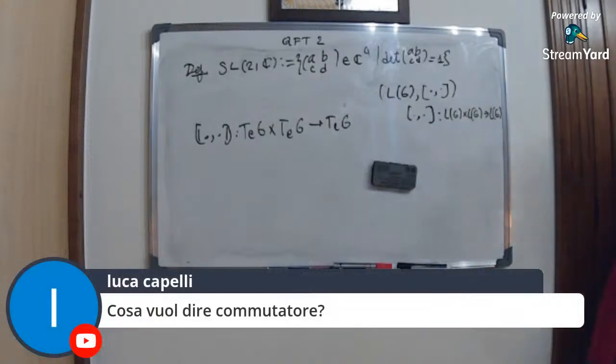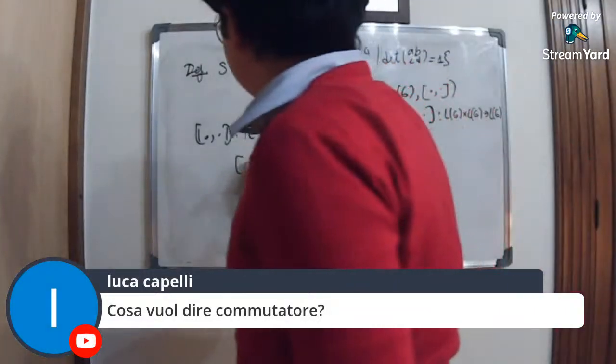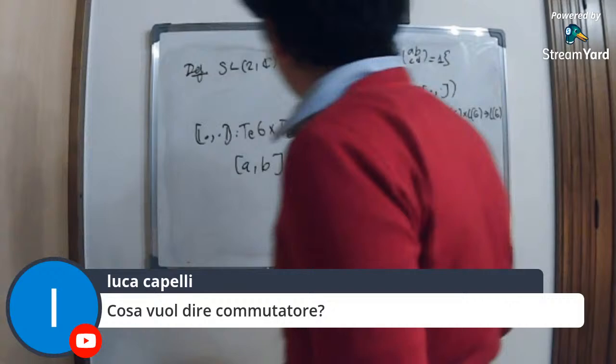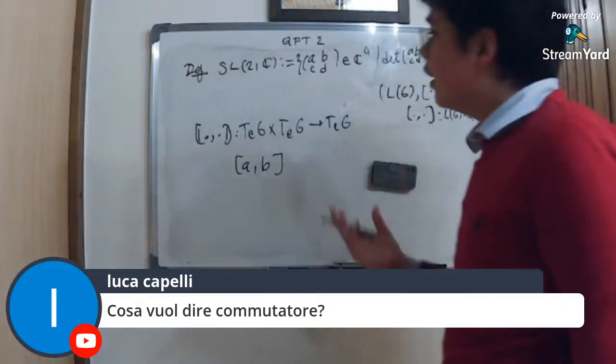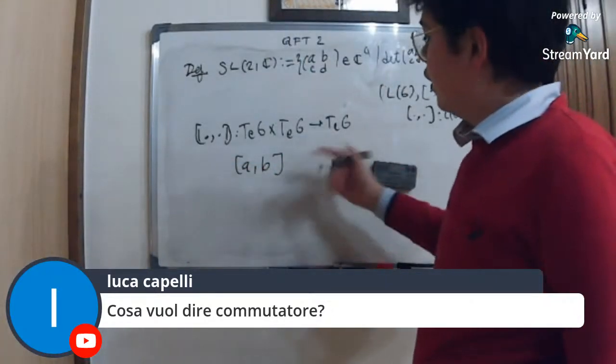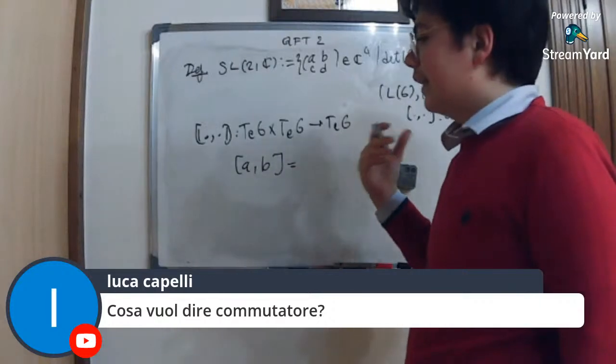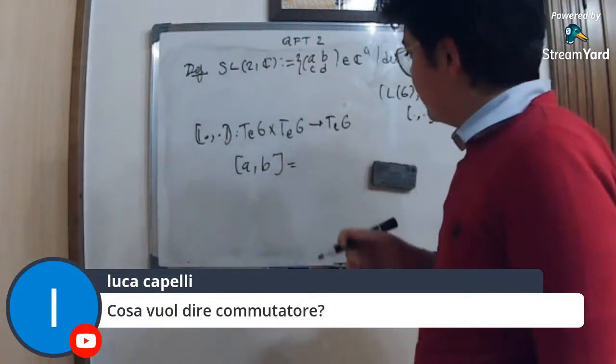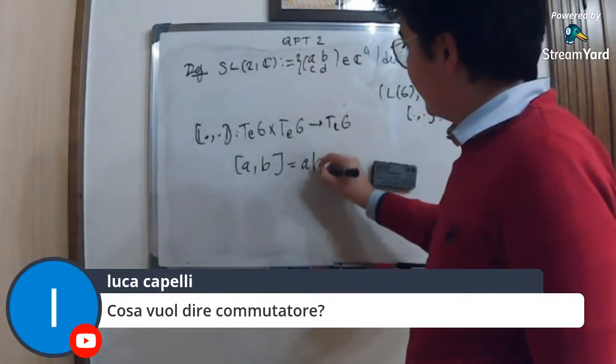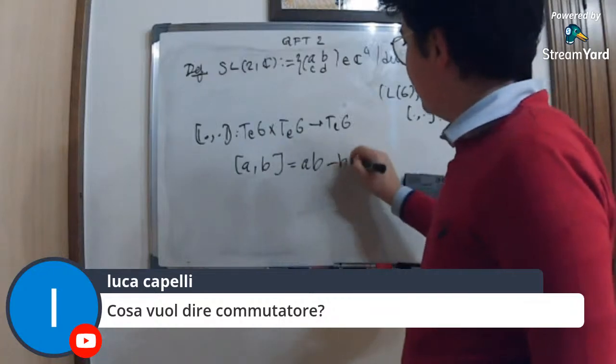What is a commutator? A commutator, for example, this AB, is a particular function of this kind, and I can say this is this particular multiplication, AB minus BA.